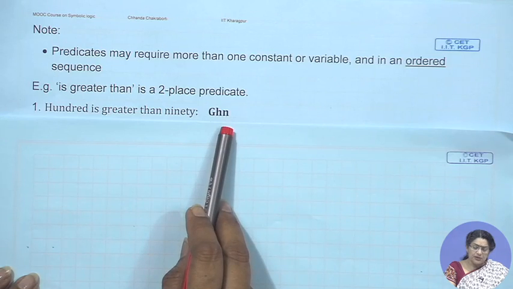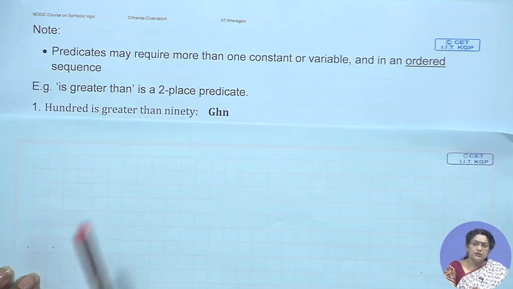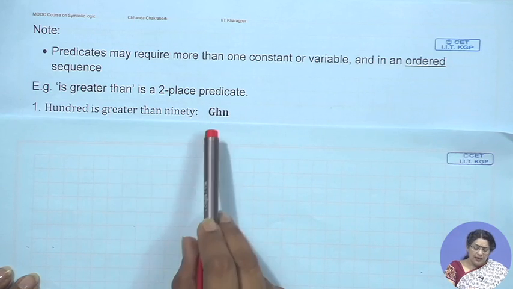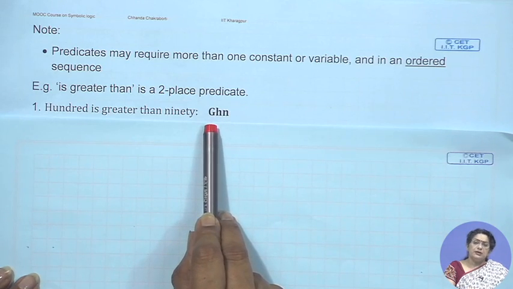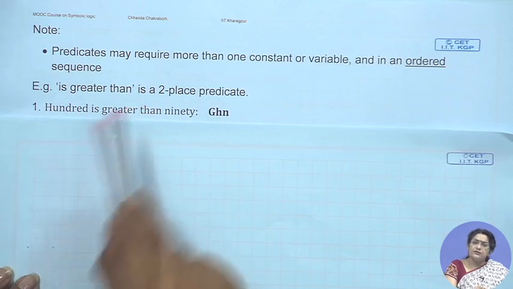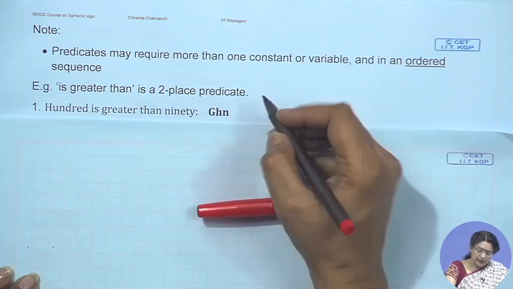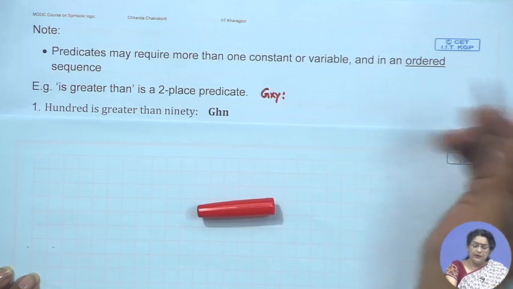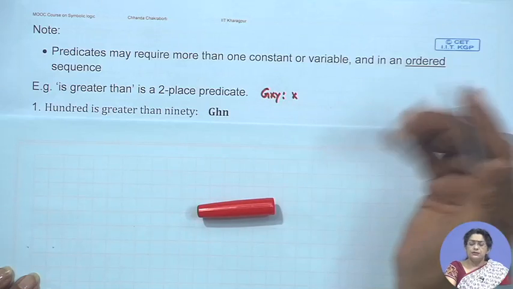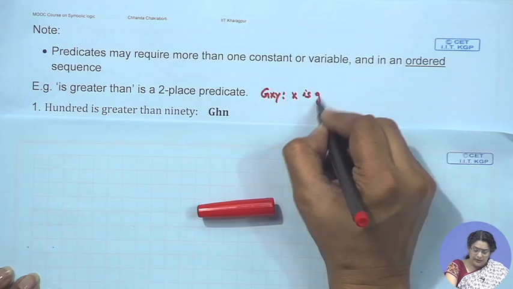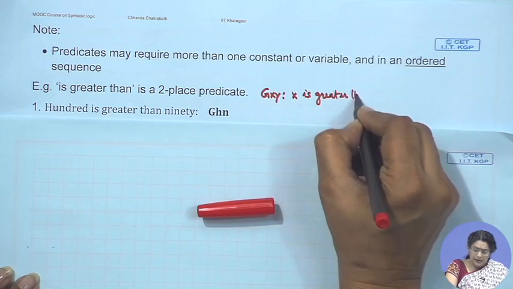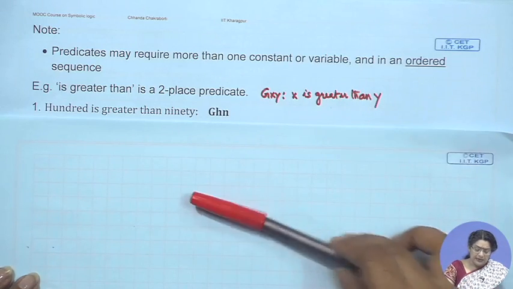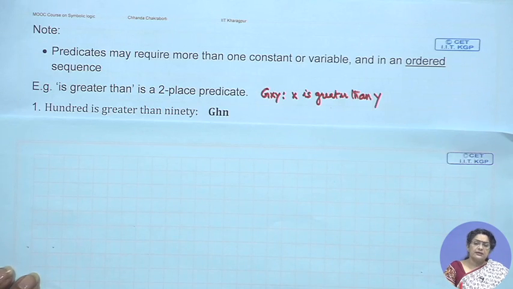And this is the representation in first order predicate logic of this English sentence: 100 is greater than 90. Being greater than is the G. We can also put it like so: x and y are variables. For any x, y, x is greater than y is represented as G x y. If that is the case, then this is our translation of 100 is greater than 90.